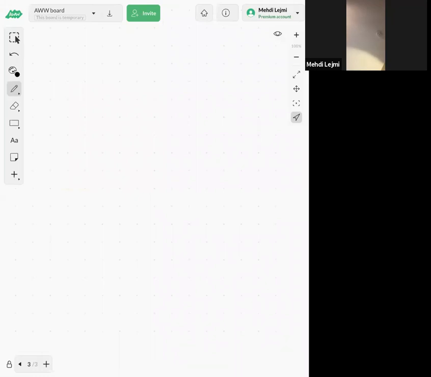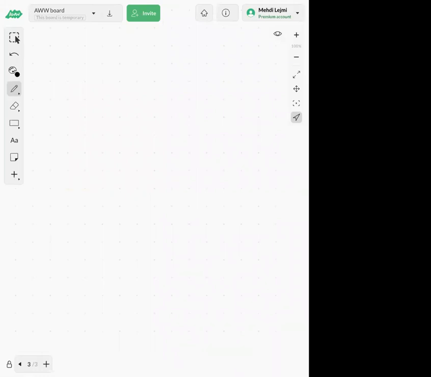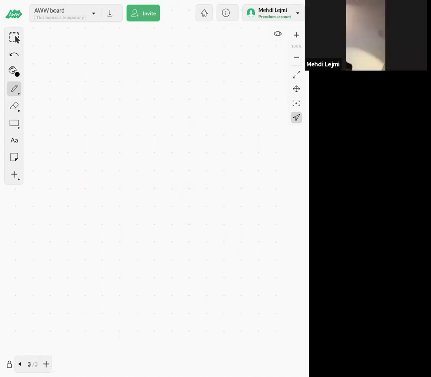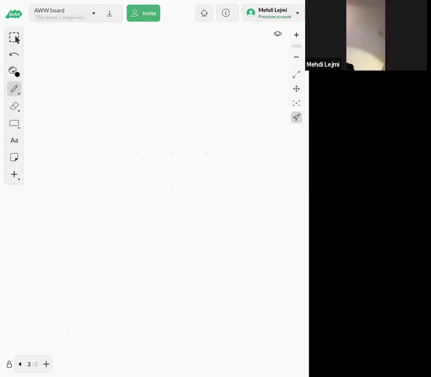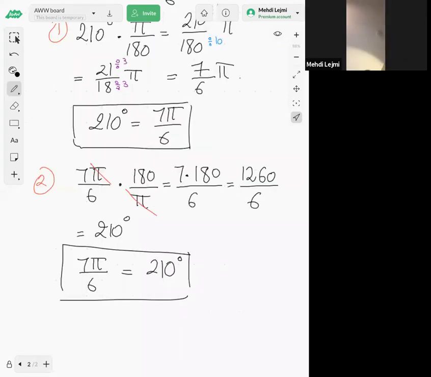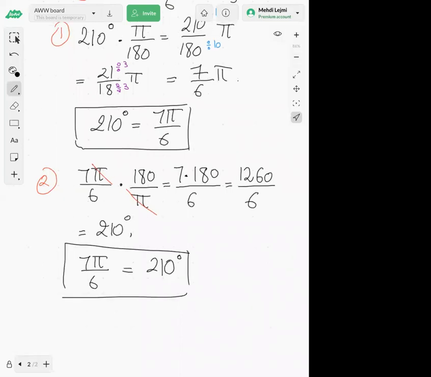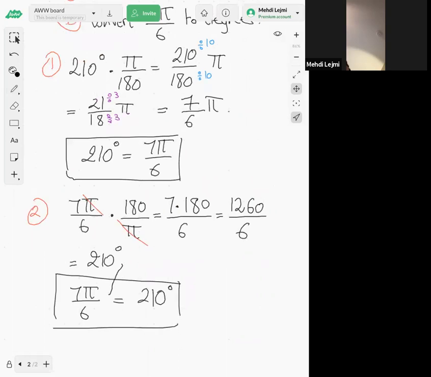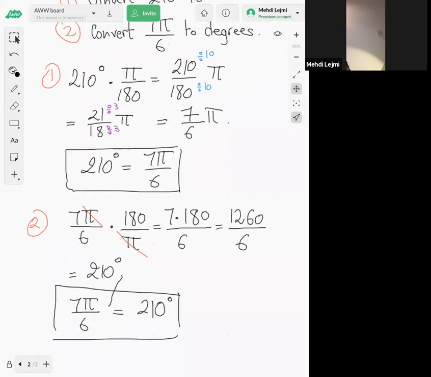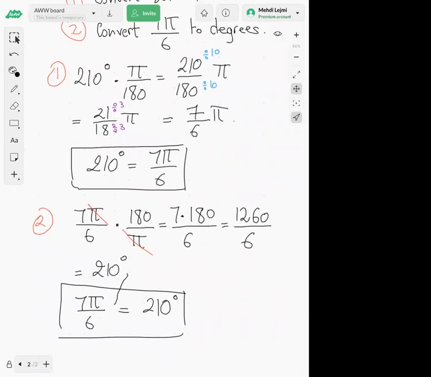Hi, Professor. Can you go back real quick? Sure. I'm still trying to see converting the radian to the degree in the last one. Yeah, sure. Is it okay here? Yes, thank you.